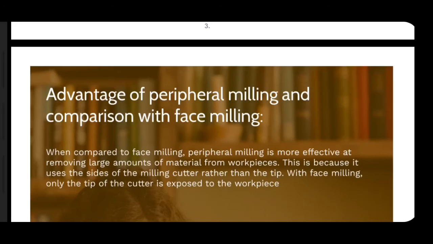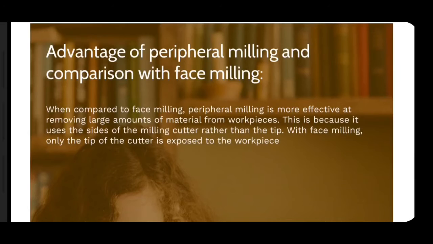Positioning and placing is only slightly different, but the effectiveness of face milling and peripheral is very different because peripheral removes larger amounts of material, but face milling removes less material than peripheral milling does. So that's it from me about peripheral milling.